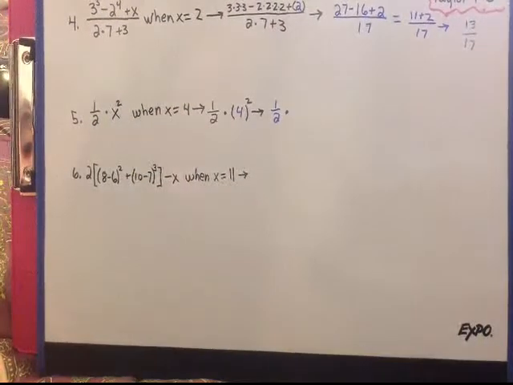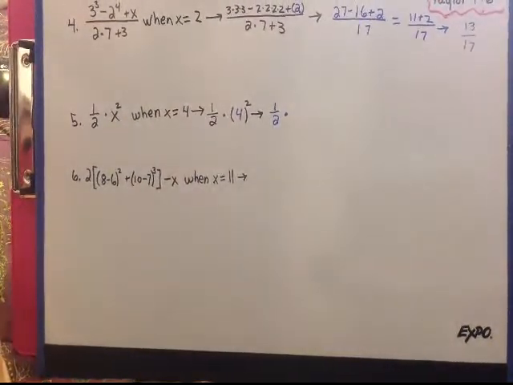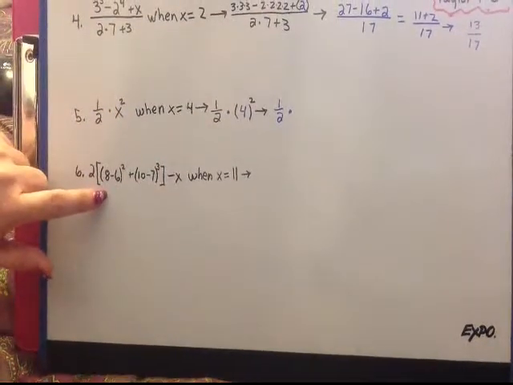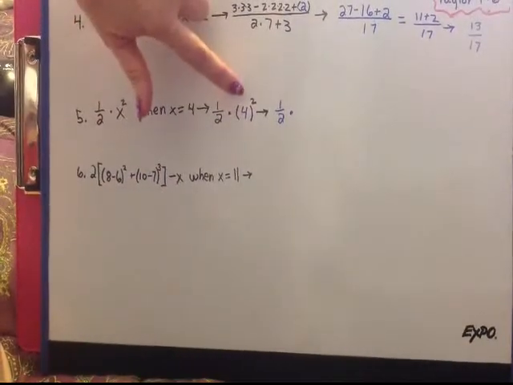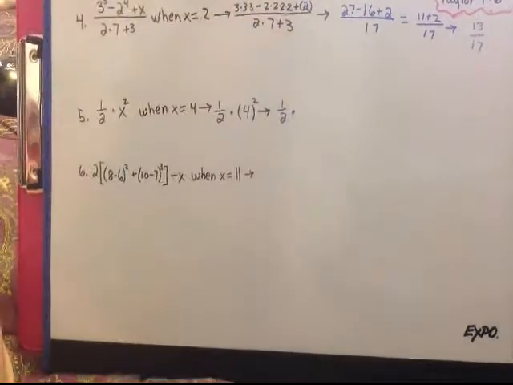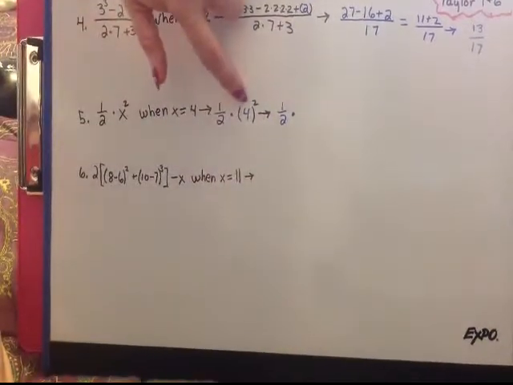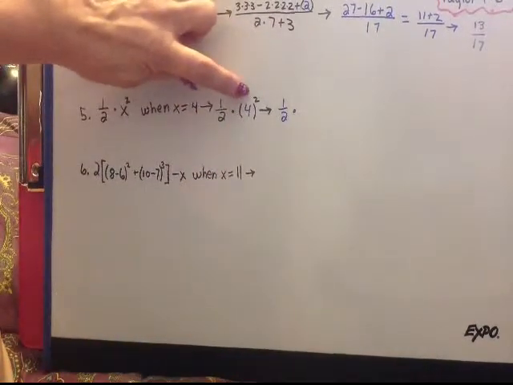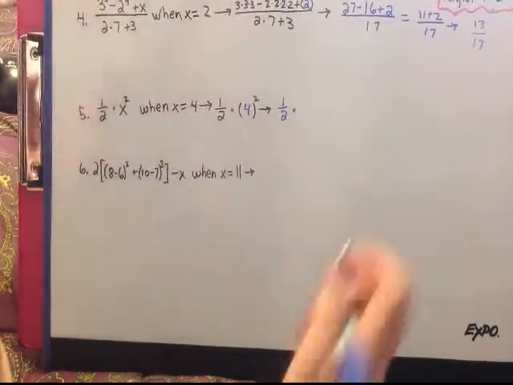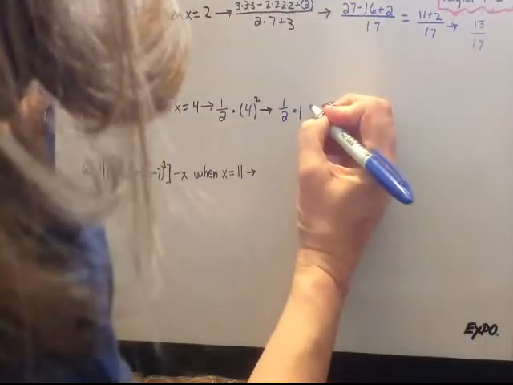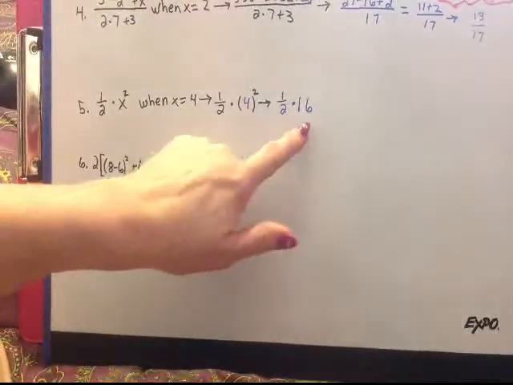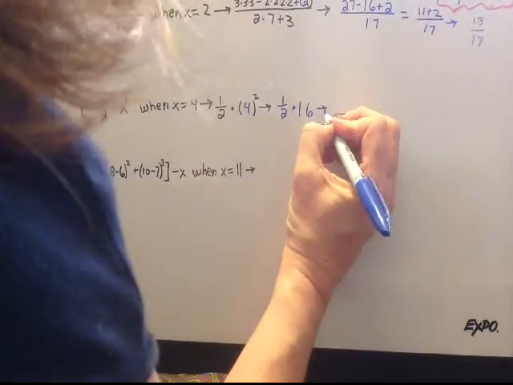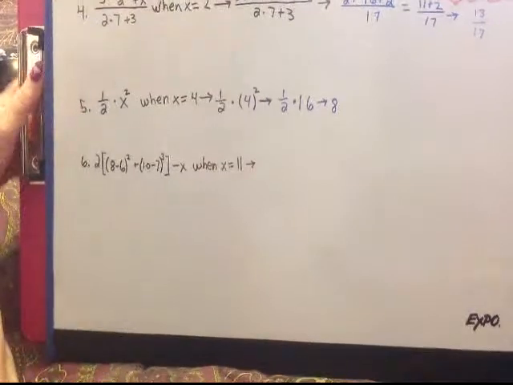Now a great big mistake that a lot of you did, not only in this question but on the next one, was you told me that 4 squared is 8. You do not multiply 4 times 2. 4 squared is 4 times 4, which is 16. And half of 16 is 8. And that's your answer.